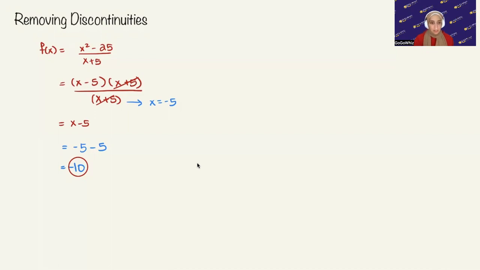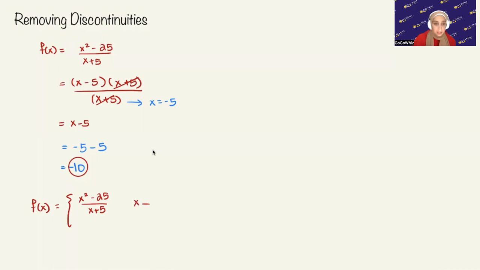So we can rewrite this as a piecewise function. Let's write our f of x and break it down into two intervals, where first I had my function x squared minus 25 all over x plus 5. And this exists everywhere, right, except when x is equal to negative 5, because we know that that would make it undefined.